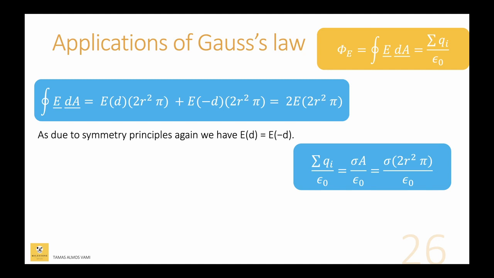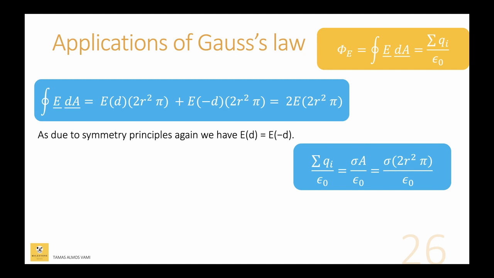And then the right-hand side of this equation is the sum of the charges divided by epsilon 0. So similarly to the line example, we are not given the charges, but we are given the density. We get the charges back by integrating it out. So this means the surface integral of sigma, but because sigma is uniform, the surface integral really just means a multiplication of sigma times A. So what is this A now?